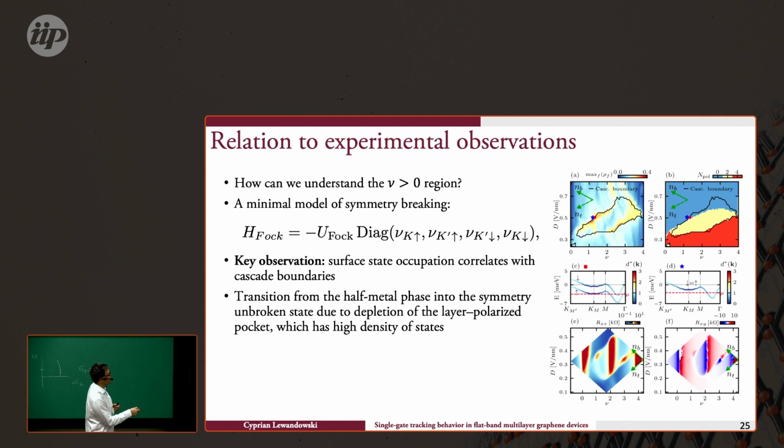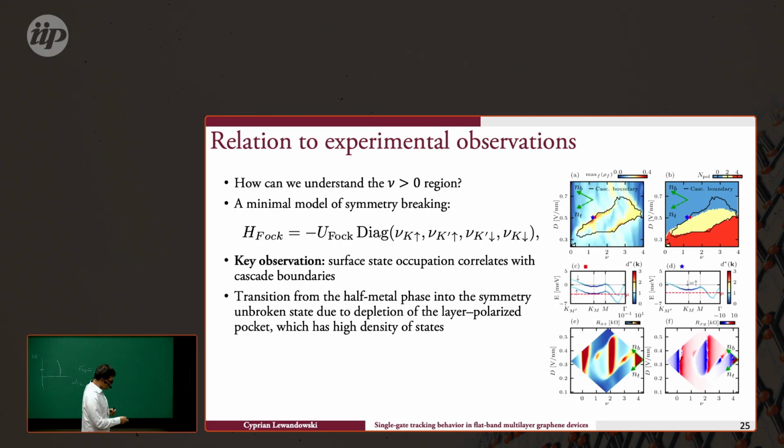Okay, when I go from a symmetric state to a half metal, and if I plot what's the occupation of the surface state, I will find that it's actually matching the symmetry breaking boundaries. So that part of my picture holds.